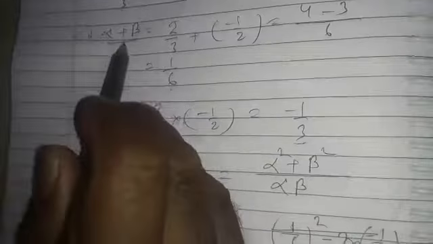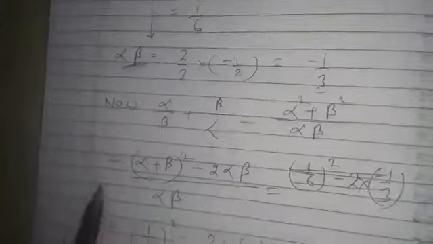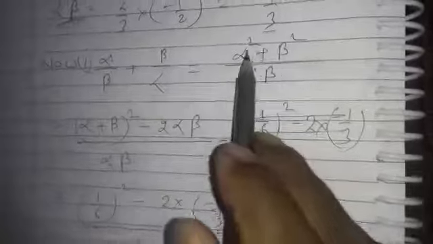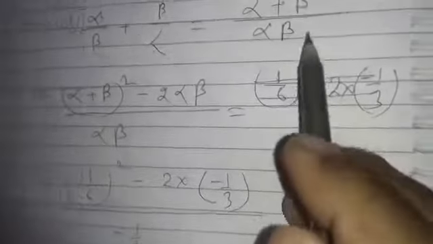Now we are aware of the sum of alpha and beta and the product of alpha and beta. Now we'll use these two values to solve the things we have to find. In the first one, we have to find out the value of alpha by beta plus beta by alpha. When we start solving it, we get alpha square plus beta square by alpha beta.